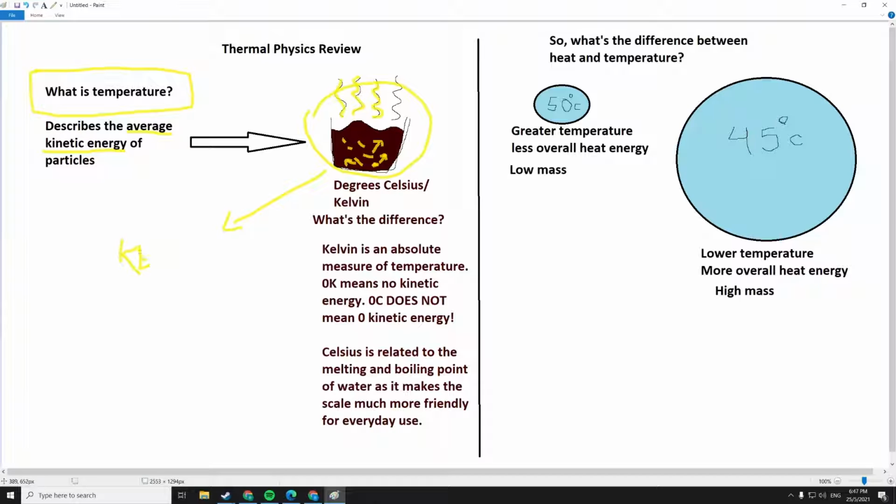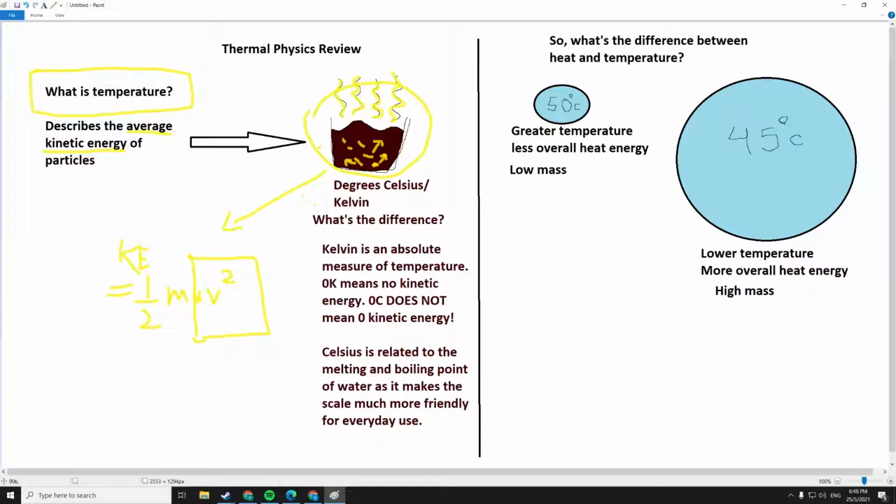Kinetic energy is equal to half times an object's mass times the square of its velocity. And so kinetic energy is the energy that particles have as a result of their motion. And so it's the motion of particles that leads to temperature.